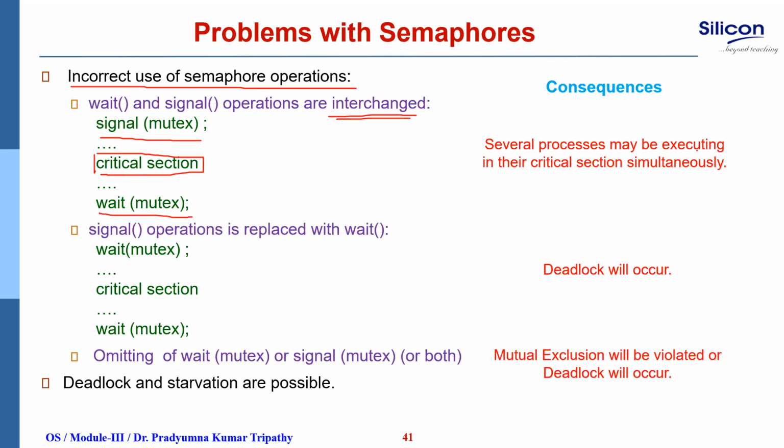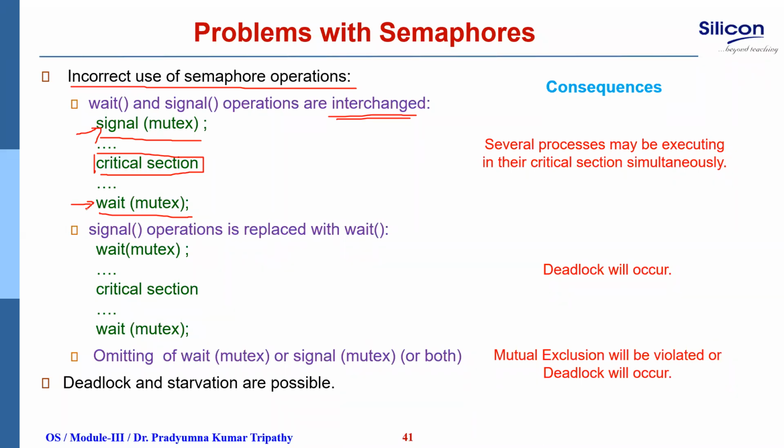Several processes may be executing in their critical section simultaneously, because the signal operation increments the semaphore variable. It is not checking, it is not a wait over here. So if you make a mistake in giving signal and wait in proper order, there might be a chance that multiple processes will be in the critical section.